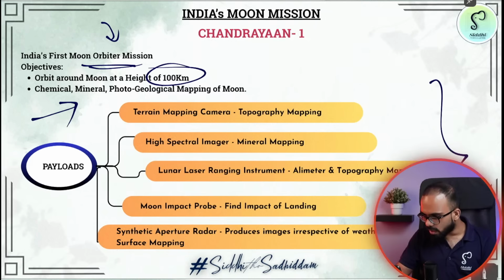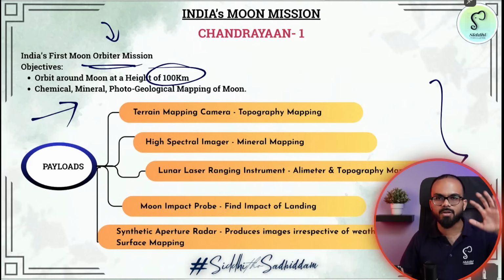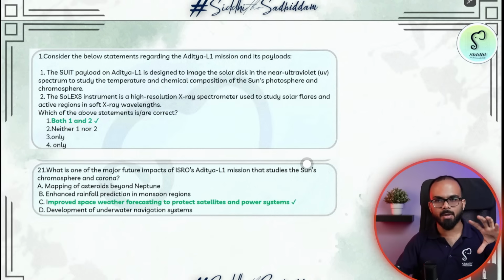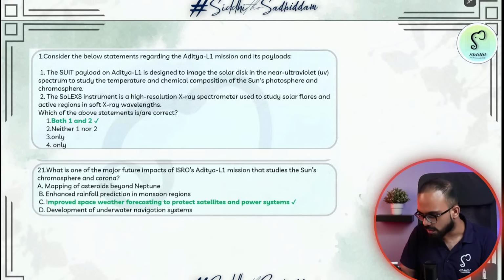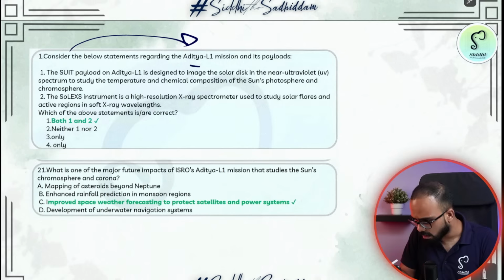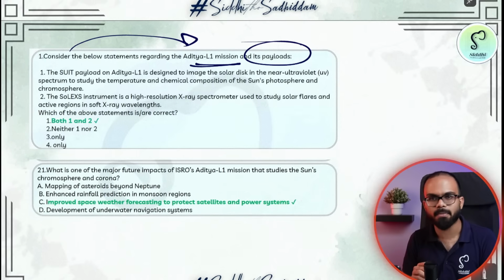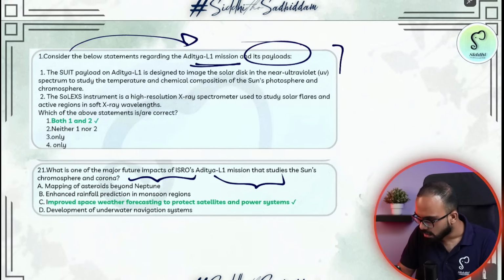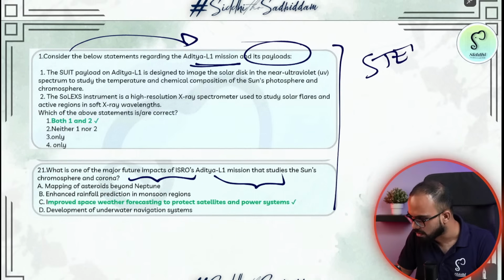Now, I am going to talk about various payloads from here. The class is going to be slightly technical. The reason why I am talking about payloads is, if you look at this question: which of the following statements are true about Aditya L1 mission and the payloads? What are the future impacts of Aditya L1 mission? These are two questions that are seen in steno.